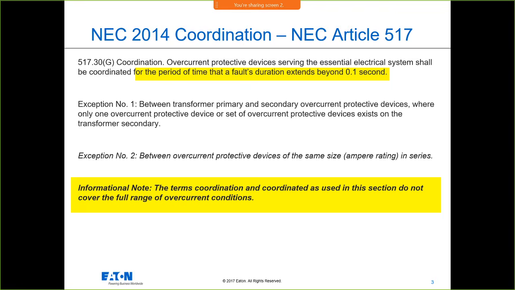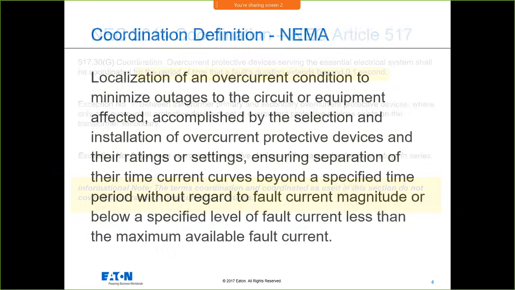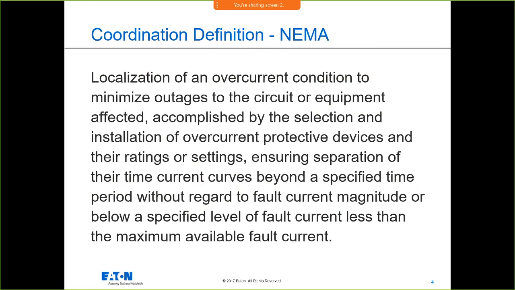It says the terms coordination and coordinated as used in this section do not cover the full range of overcurrent conditions. So let's talk about what that means. This is NEMA's definition. I like what NEMA did in their application note on this, and I'll put a link to it down below.